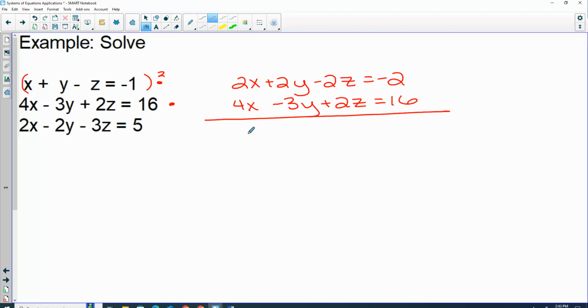So if I add this together, you get 6x minus y equals 14. I can't solve this yet, but I took 2 equations and I got rid of the z.